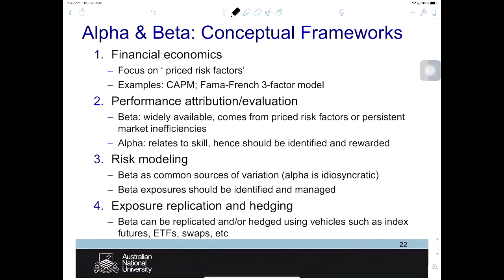Our conceptual framework of alpha and beta can help us in several tasks. The first one: the ideas of alpha and beta can help us to identify the economic factors when we try to understand the underlying driving forces of some asset returns.